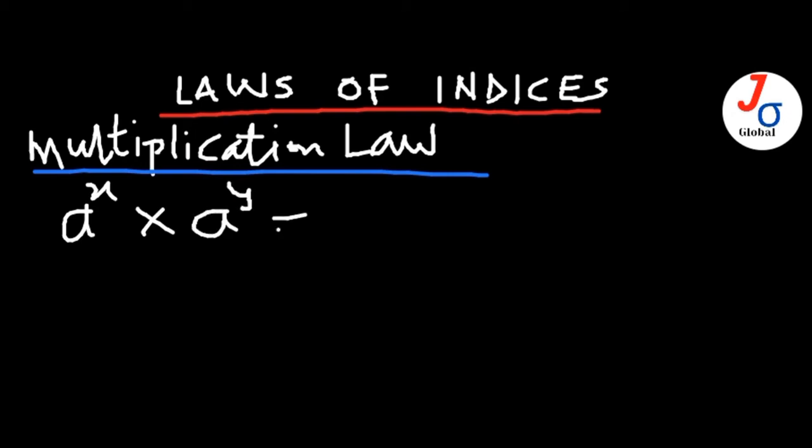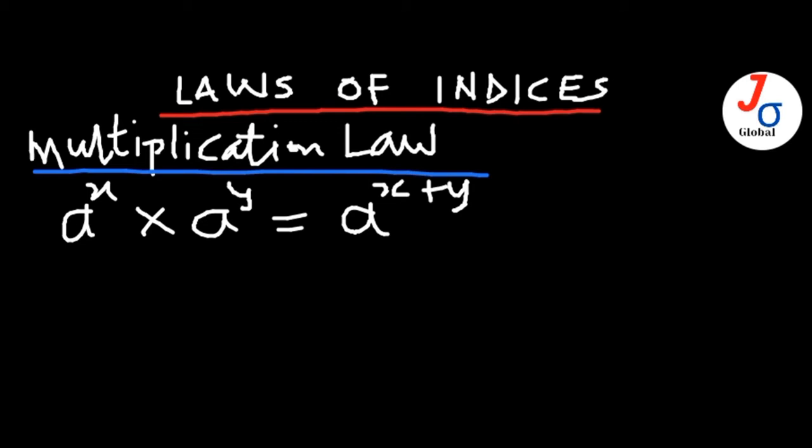What they are saying is that if you have numbers that have the same base but the power might be different, a to the power of x multiplied by a to the power of y can be written as a raised to the power of x plus y. That's the law.